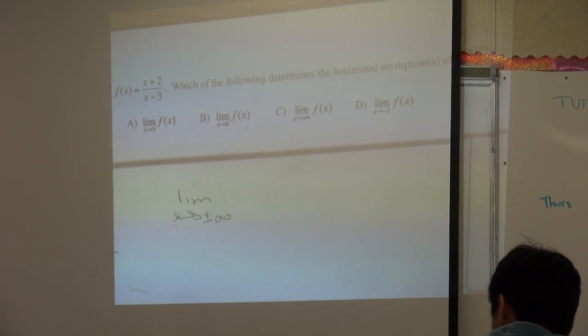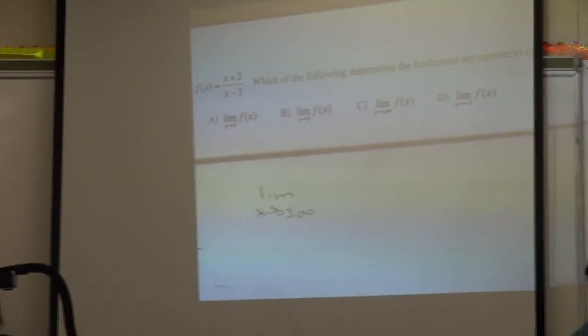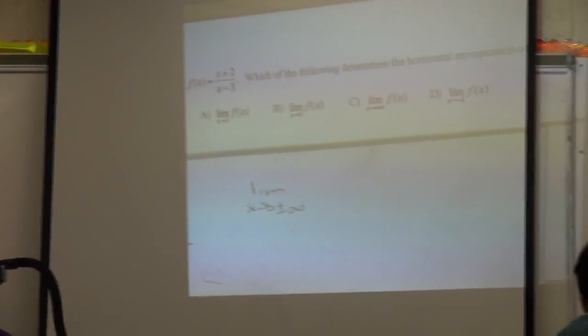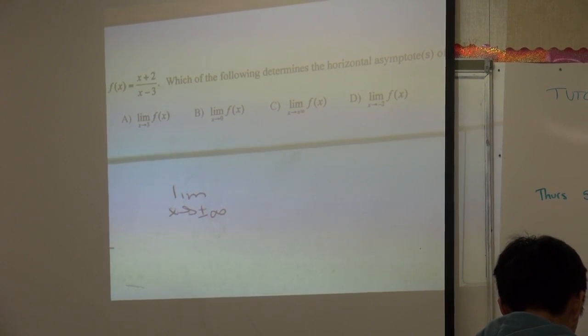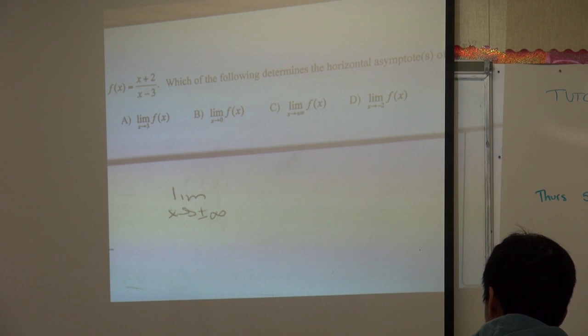The answers to end behavior are infinity when there's a slant asymptote and a number when there's a horizontal asymptote. This is asking you which one determines the horizontal asymptote. What kind of limit do you do? The kind of limit you do when you're finding your horizontal asymptote is a limit as x approaches positive or negative infinity.